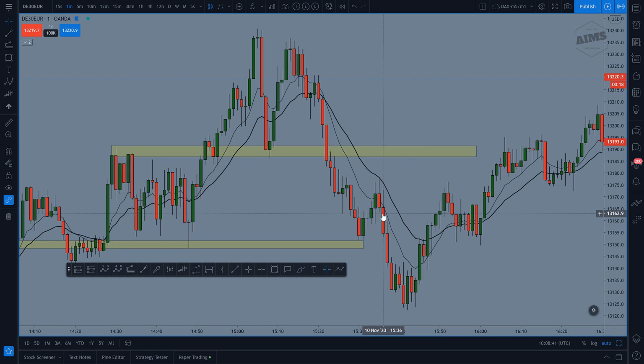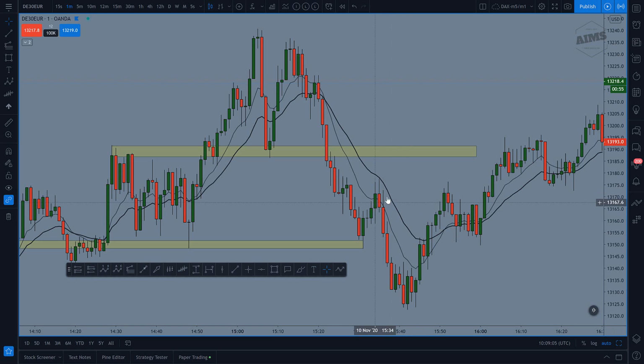But if you remember, Doug, I said that even though this one worked, more of these will not work over the course of a longer period of time. Whereas if this was to happen and there was nothing to the left, more of those will work compared to the ones that don't work in the longer term.